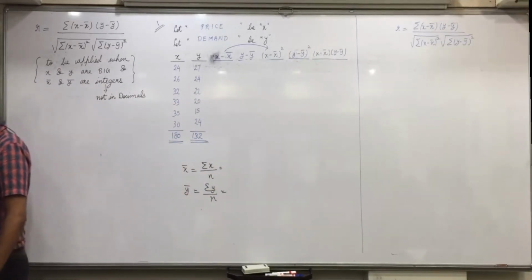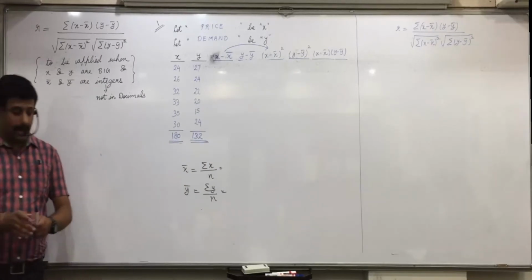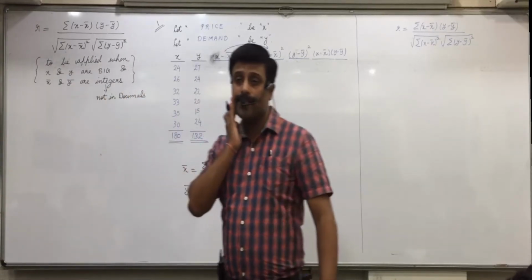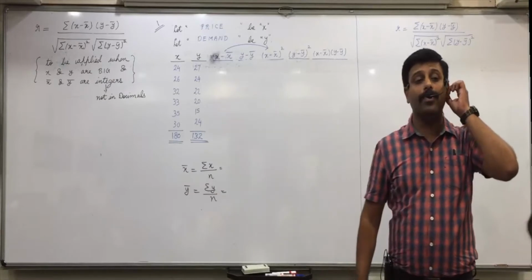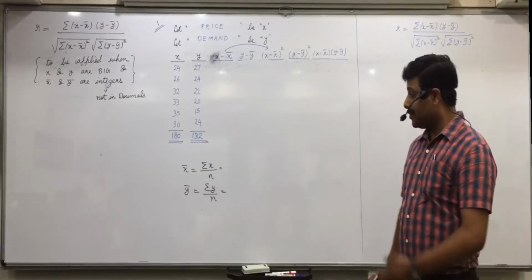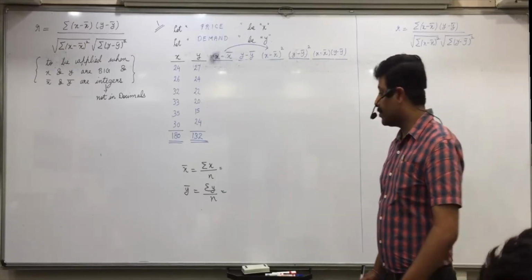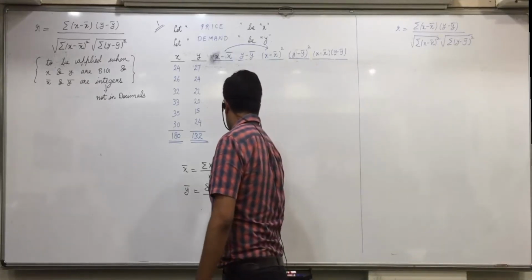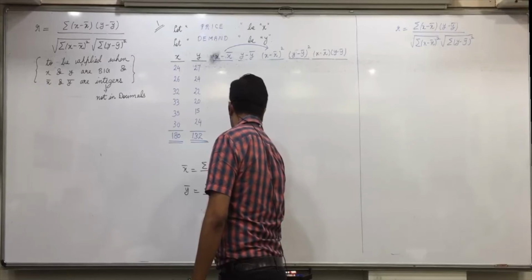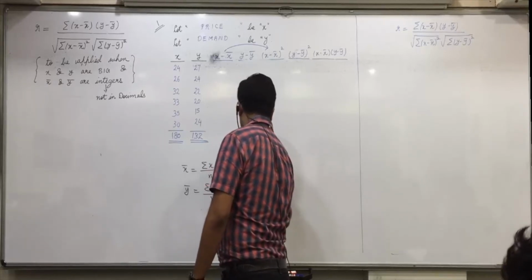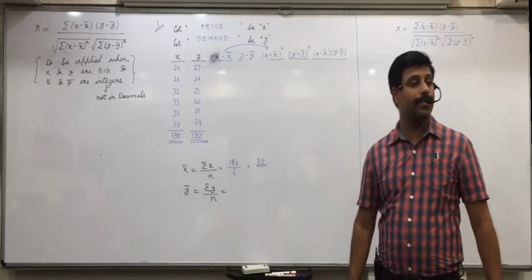Raise your hand if you are still writing up till here. All have written it? So, Amruta, further. Sigma x upon n, x bar is 180 upon 6, that is 30. Any confusion in this?